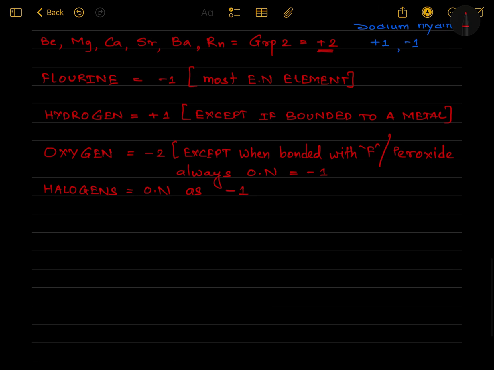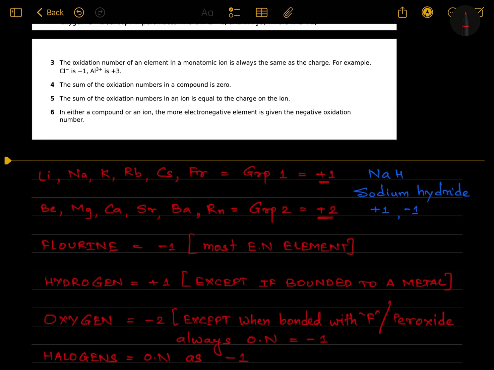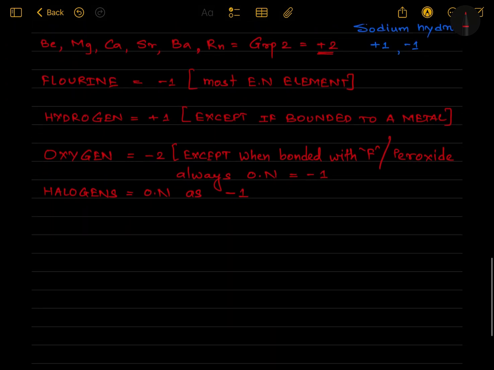The next point says, we'll just read the point first: the sum of oxidation numbers in an ion is equal to the charge on the ion. Let me give you an example. Let's suppose I come across an ion, something like SO4 2-.